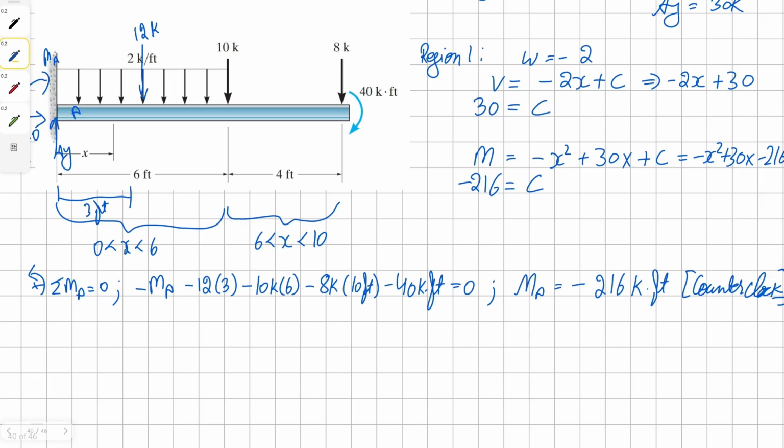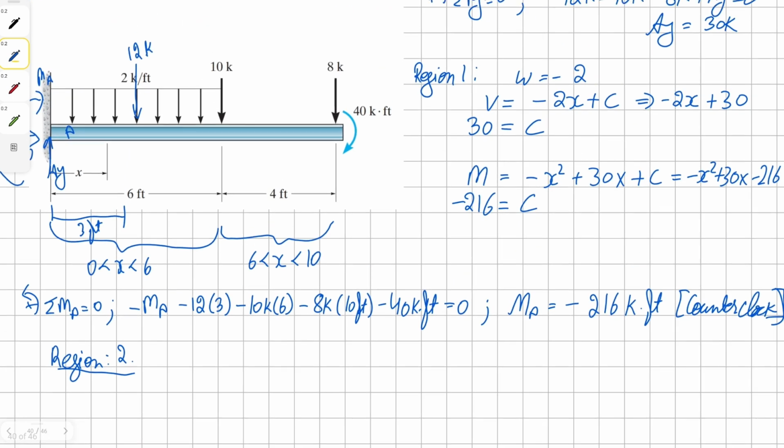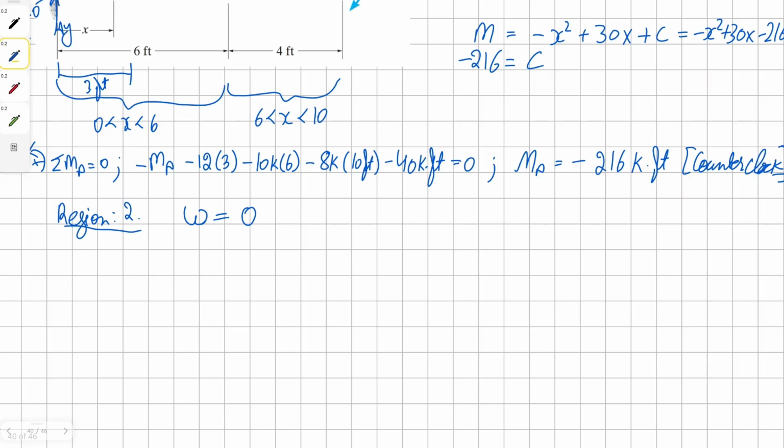Okay, now that we have all the required equations for region 1, we can proceed to region 2. For region 2, we don't really have any load equation. We can say it's 0. And to find our shear for this region, we have to know that if we take the integral of 0, we're just going to have our constant.